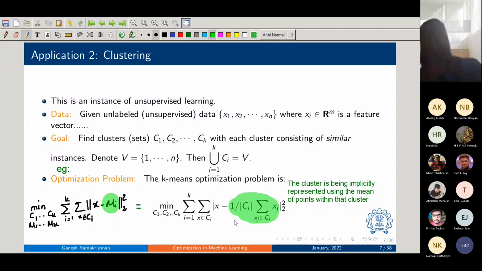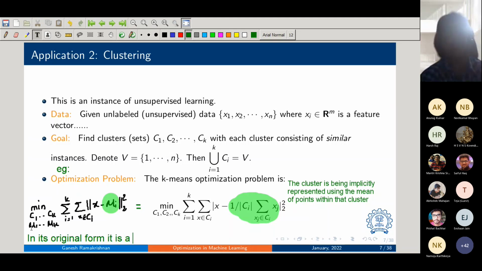Okay, so it's actually a mixed continuous and discrete optimization problem. So I'll just make a note here. In its original form, it is a mixed continuous plus discrete optimization problem.